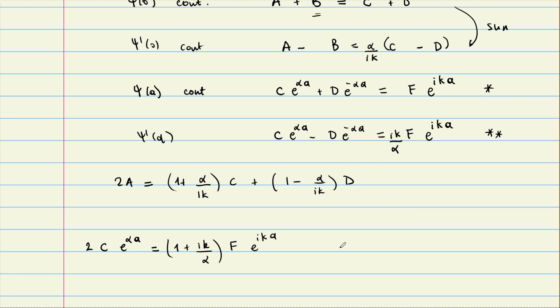And if I take their difference, 2D e to the minus alpha A is equal to 1 minus ik over alpha F e to the ikA. Good.